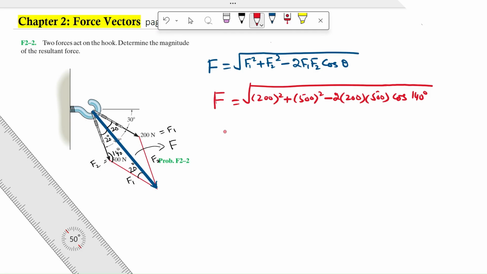Putting all the values in the calculator, the resultant force will become equal to 666. What will be the unit of the force? Here they are using Newton, so the value will be in Newton. This is the answer for the magnitude of the resultant force.